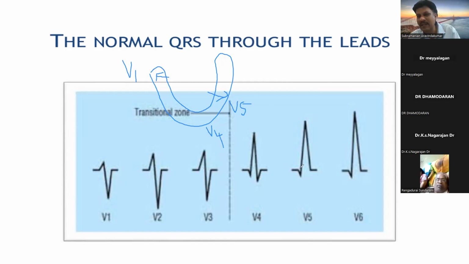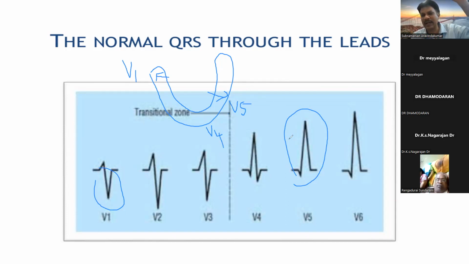So the height of the R wave or the depth of the S wave in V5, V6 depends upon the thickness of the ventricle. In V5, the electrical activity is recorded from this area. It is closer to the electrode, so it is recording towards the electrode, positive.